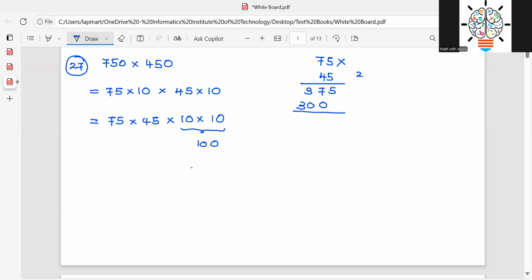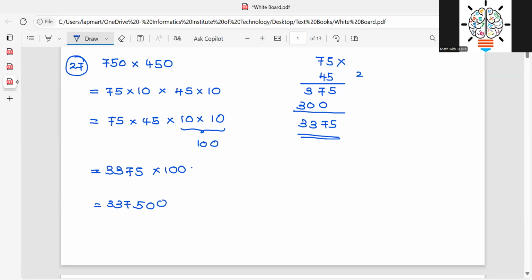So then the answer is 3,375, right? So when you multiply 75 by 40, it is 3,375. 3,375 multiplied by 100 gives me 337,500, right?